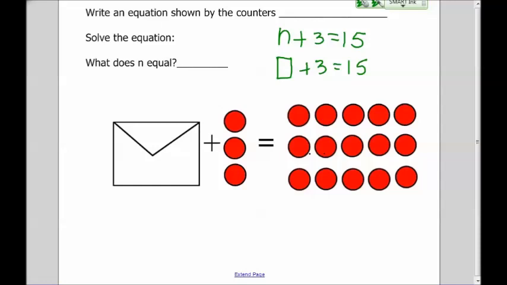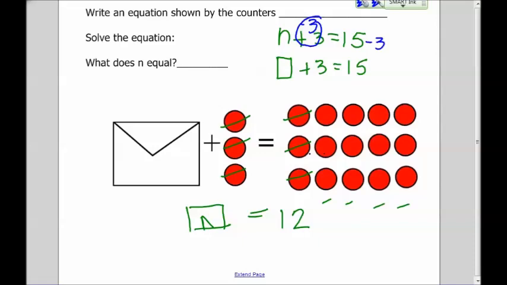Let me show you mathematically how to solve this. If I take 3 away from this side, I can take 3 away from this side. So the envelope, which is N, equals 3, 6, 9, 12. I showed you with the counters what I was doing mathematically. If I take 3 away from this side, that cancels out. If I take 3 away from this side, I have 12, and N would equal 12.